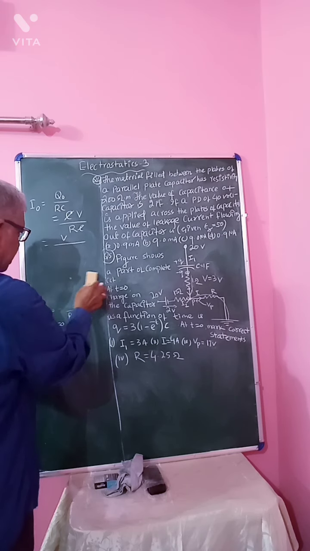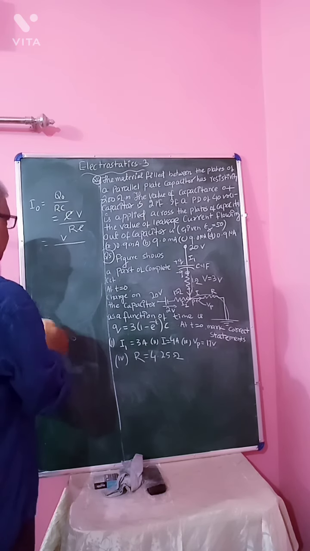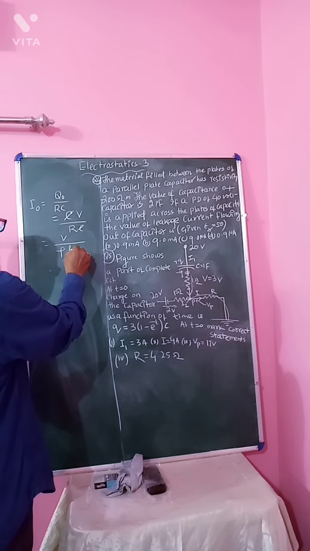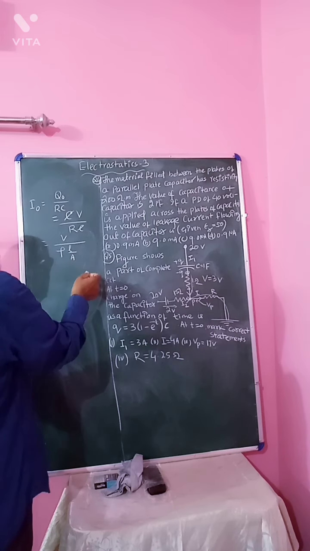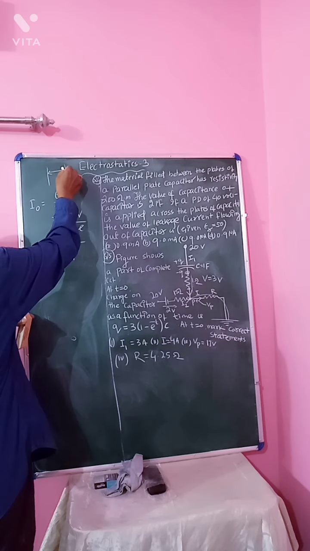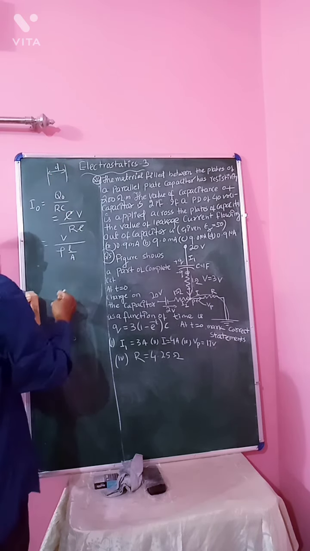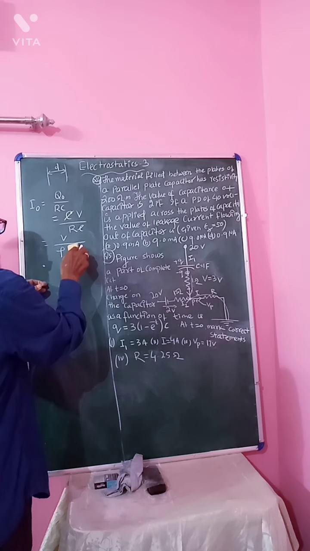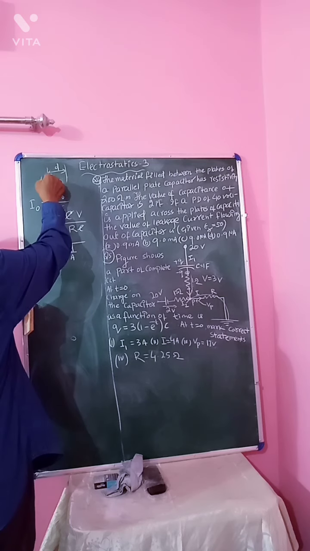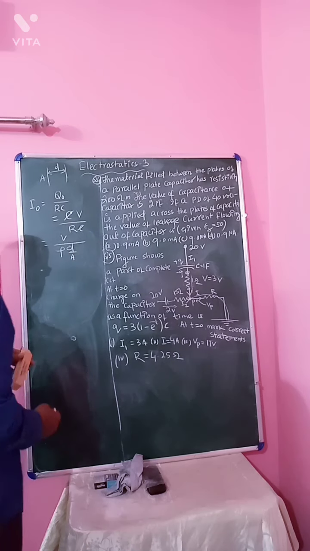Resistance of the medium in between the plates of the capacitor is rho L by A. Now, L means the separation between the two plates, that is d. So better I write it is equal to rho d by A. A is the area of each plate.